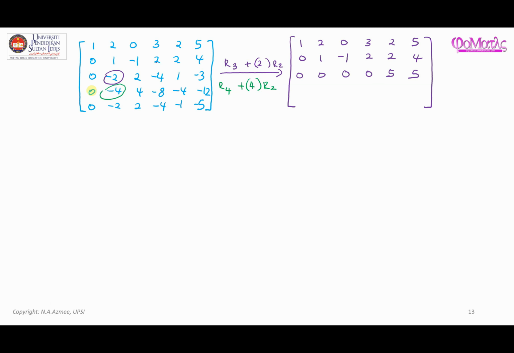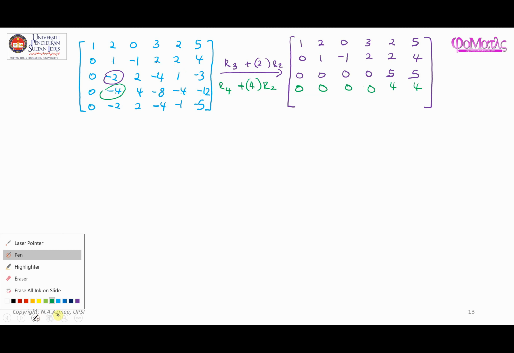So 0 plus 0, 0, -4 plus 4, 0, 4 minus 4, 0, -8 plus 8, 0, -4, -4 plus 8 is 4, -12 plus 16 is also 4.